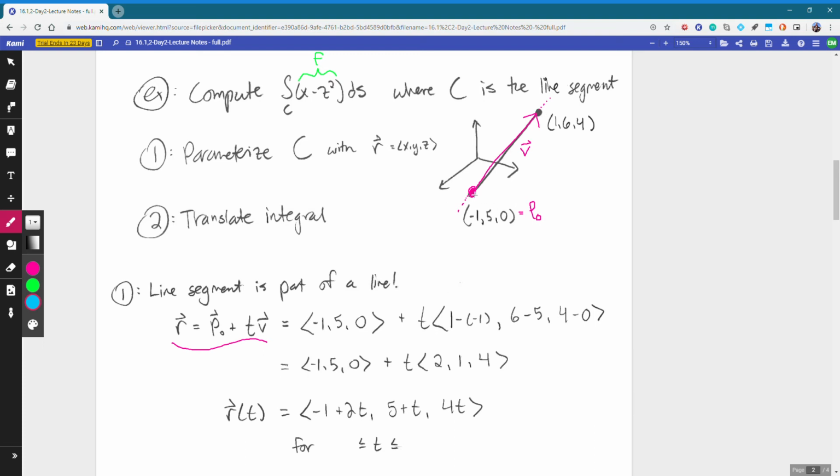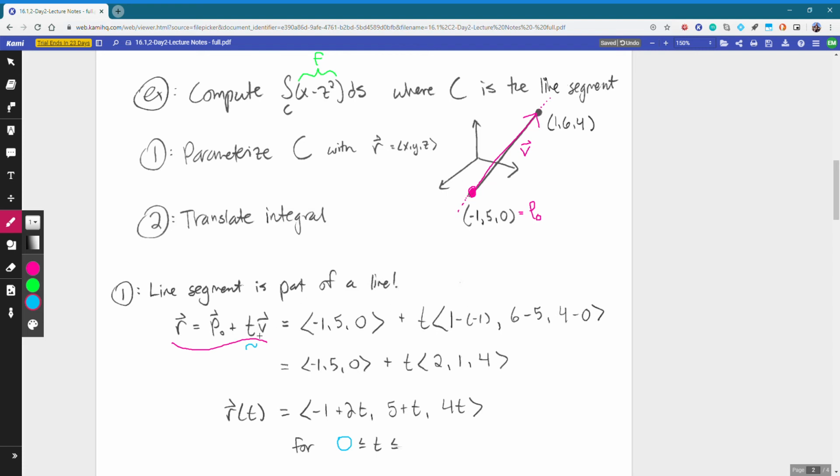And here, since one of these points is the base point, if we want to start at our base point, we just don't want to scale by v at all. And so starting at 0 will start us at our base point here. And then in order to get to our second point, we just want to stretch all the way by 1v.